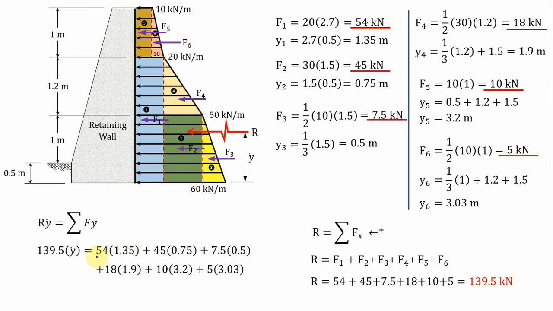So that's 54 times the moment arm. What is the moment arm of 54 kilonewton? That is 1.35 meter.